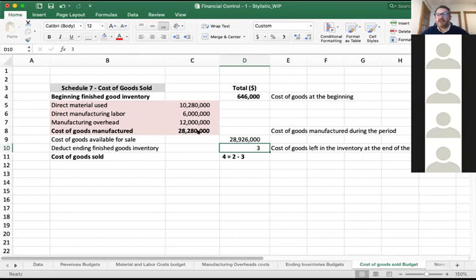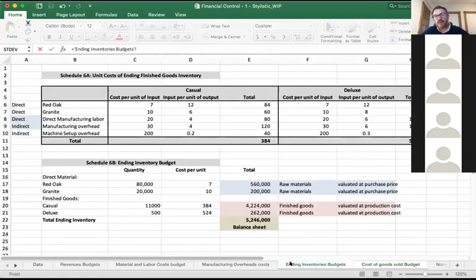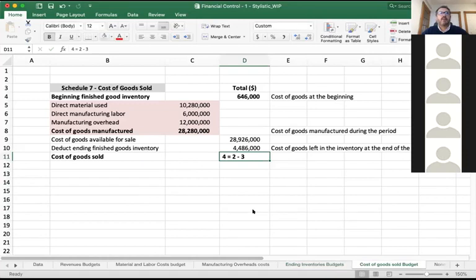Okay, so this is the total available we have, but we also have a target for what should be left in the company at the end of the period. We have a target in the ending inventory that we just calculated before here. So for the finished goods, we have these two things, right? And so we can now calculate the cost of goods sold.